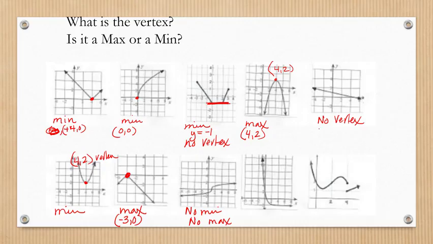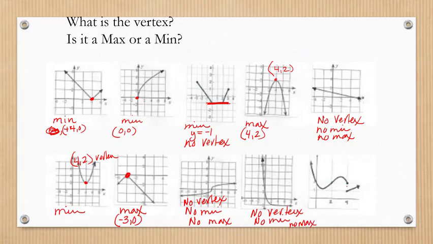Maybe I better put right here no min, no max, because it goes on forever and ever. No vertex. Okay, this one has no vertex, no min, no max.